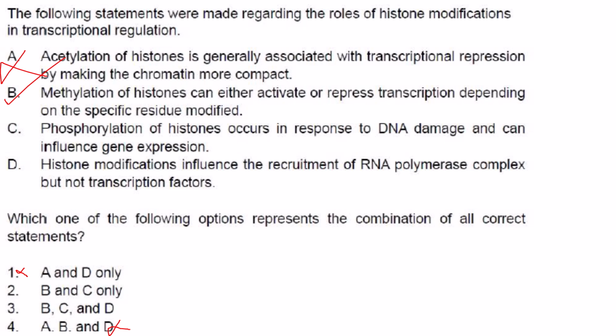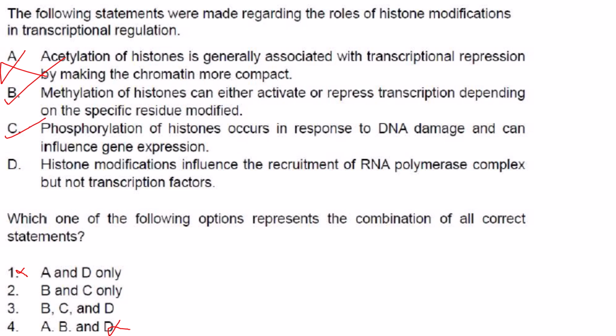When DNA damage occurs, there are certain kinases like ATM, ATR, etc., which phosphorylate specific histones. This phosphorylation of histones makes the chromatin loose and it is made accessible to various DNA repair proteins. So that statement is also correct.